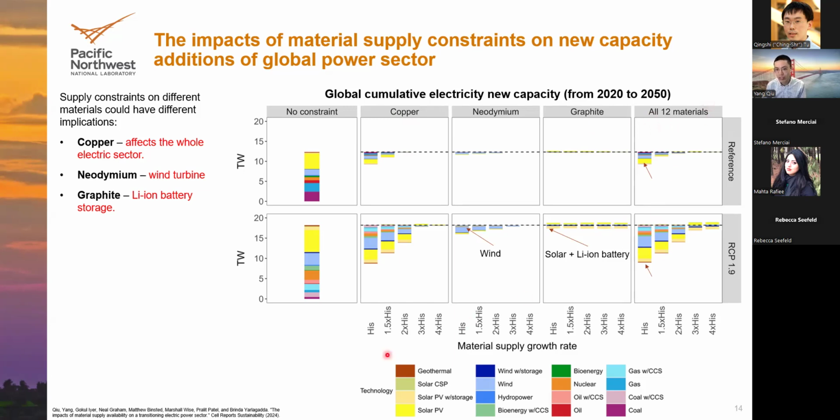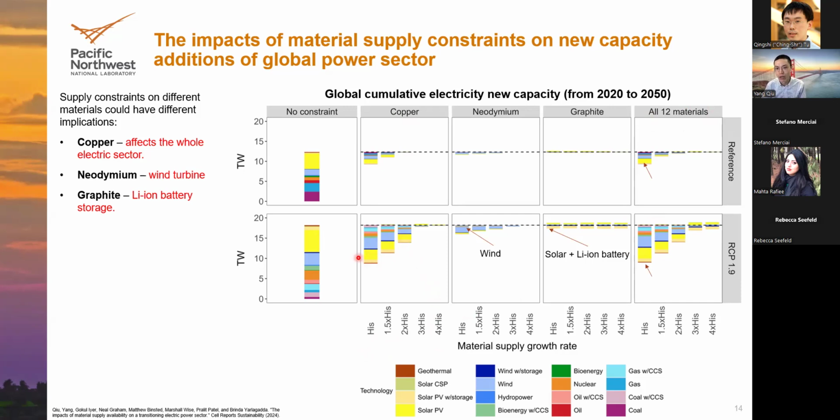As you can see on the x-axis, for each of those materials, their future supply is constrained at different multiples of the historical growth rate. The key message I want to deliver here is that, depending on the type of material, the power system could respond differently.